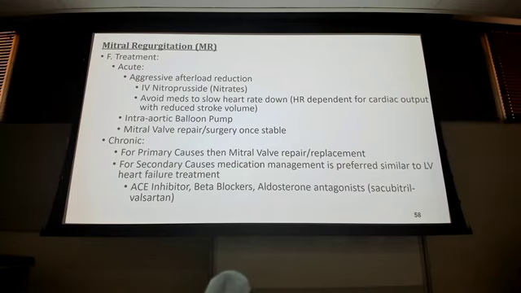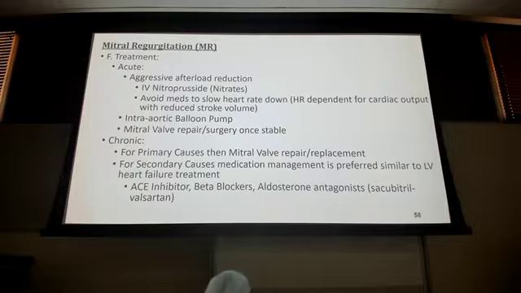And then I also may need to do some more invasive type of procedures like an intra-aortic balloon pump or other mechanical circulatory support kind of things while I prepare them to go to surgery to fix the valve.